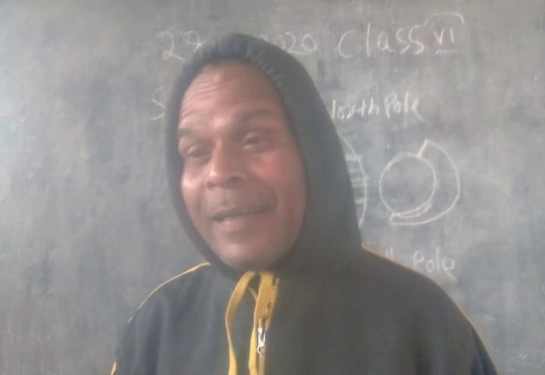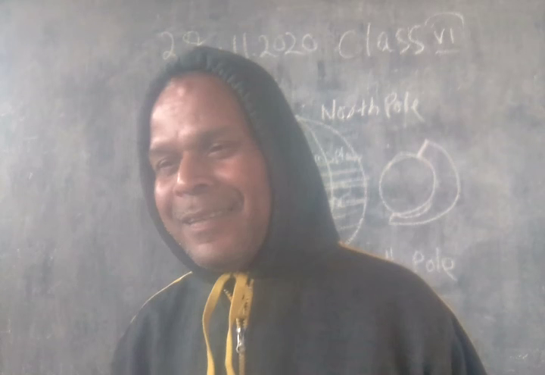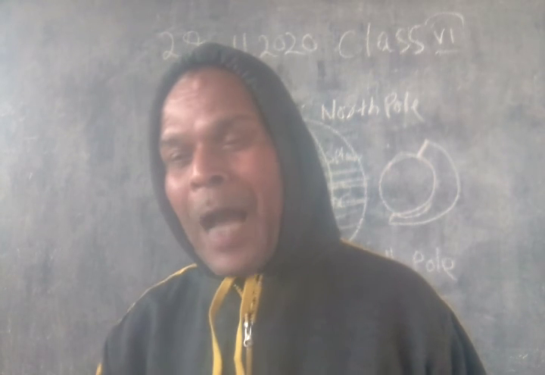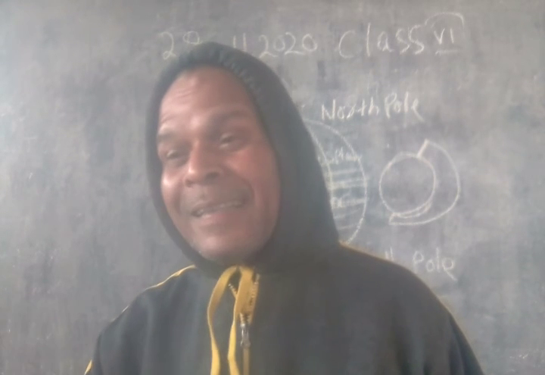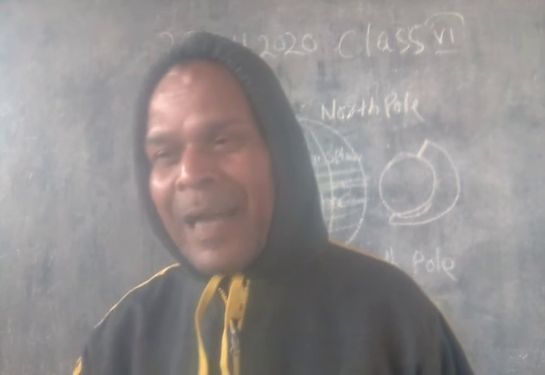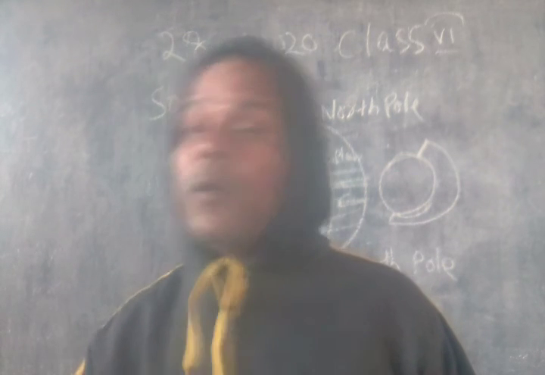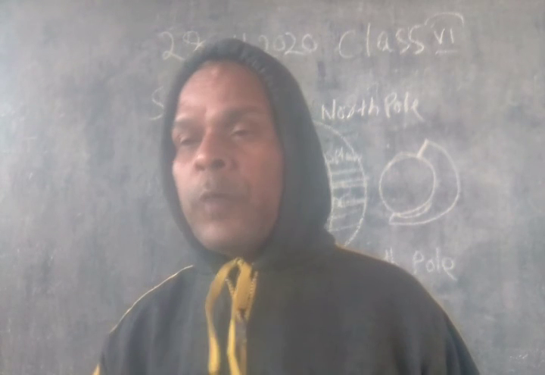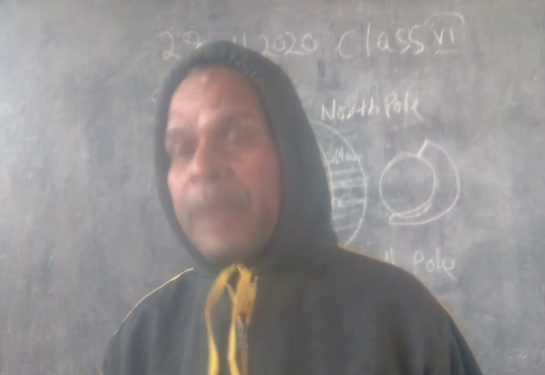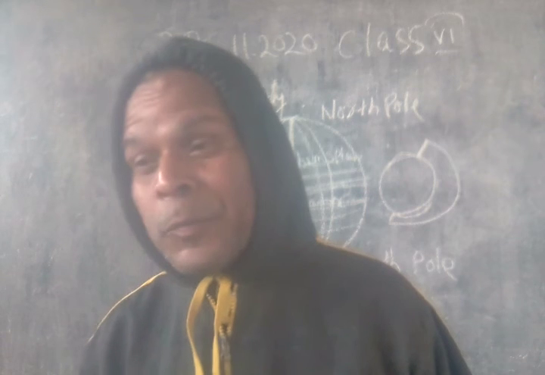But it is right that we have drawn some imaginary lines. Why? To know how all the places are on the earth, and whether places are in the northern hemisphere or southern hemisphere.